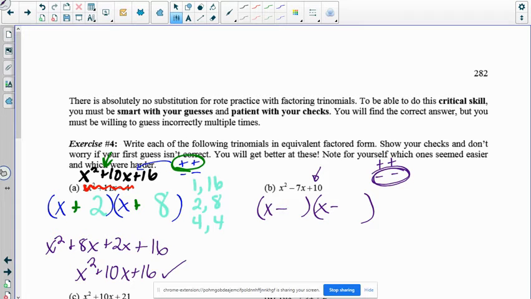Now what we're going to start thinking about are factors of 10, numbers that multiply together to be 10. And when I combine them, I want them to be equal to 7.